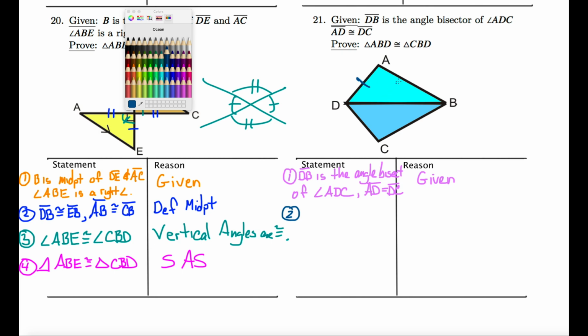I think we can redraw this one again. Yes, I think that's a great idea. Let's separate our triangles. We're trying to prove ABD, this blue one, and this other blue one, CBD, are congruent. Prove it.